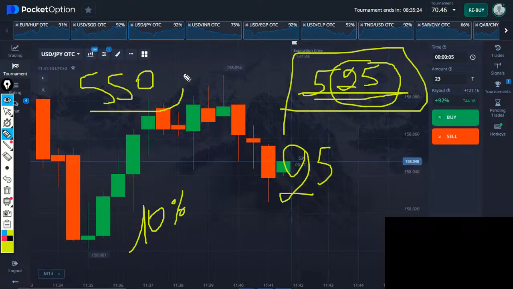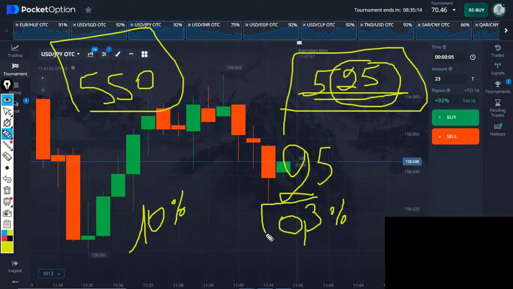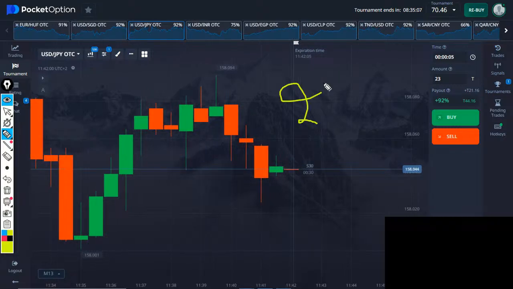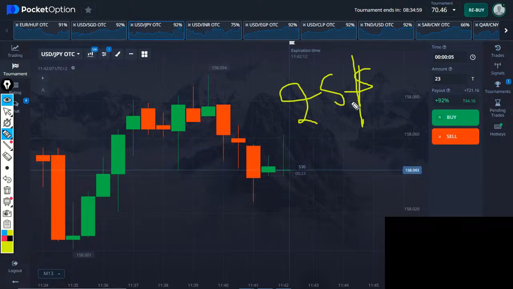If you give the bank $500, they will give you 0.3% per year. So divide this by 365 days. If you think that making $25 per day is not enough, I'm telling you it's more than enough for your $500 account. It's amazing.